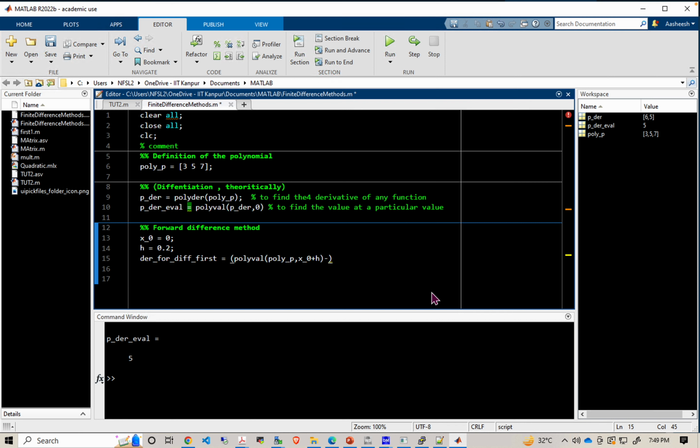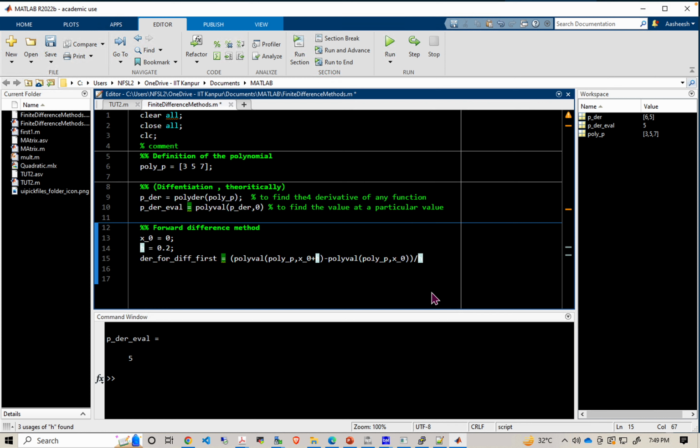Minus, again polyval, the value of the polynomial, so poly p, the point for which you are calculating, comma fx0. So fx0 is defined, divide by h.